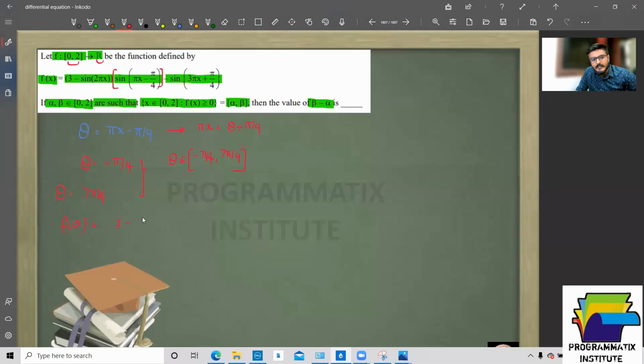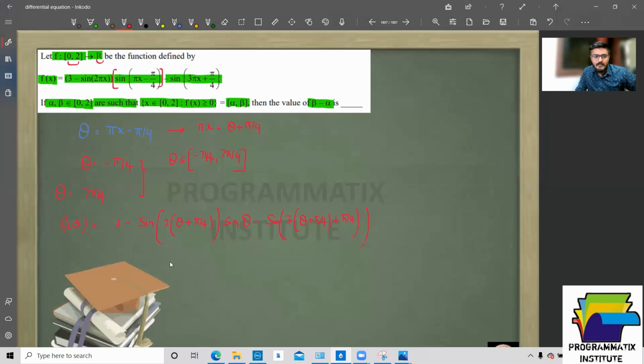We get 3 minus sine 2 pi x, meaning sine of 2 into (theta plus pi by 4), and then sine (pi x minus pi by 4), which is equal to sine theta. And then minus sine of 3 pi x, where pi x is theta plus pi by 4, and then plus pi by 4.